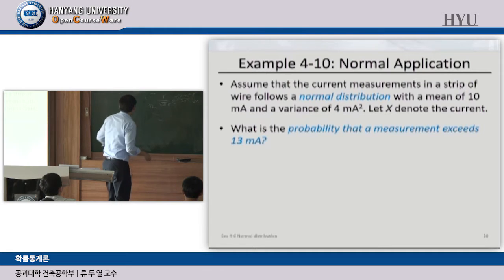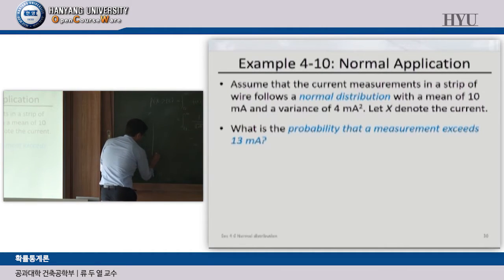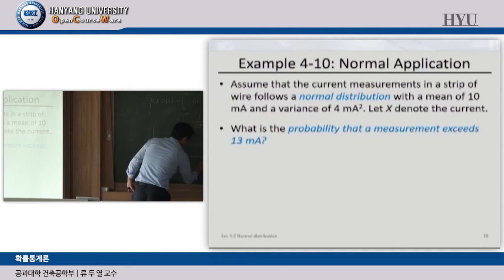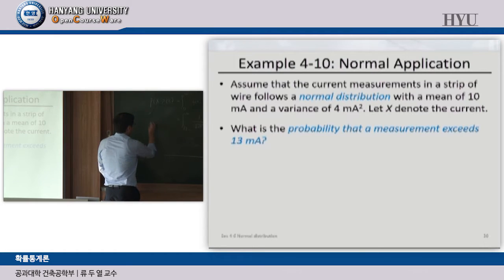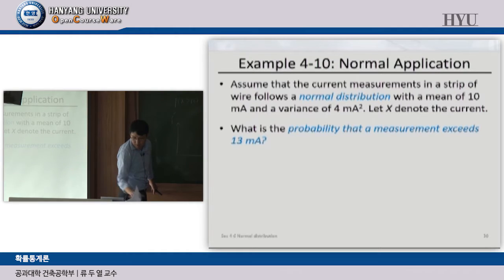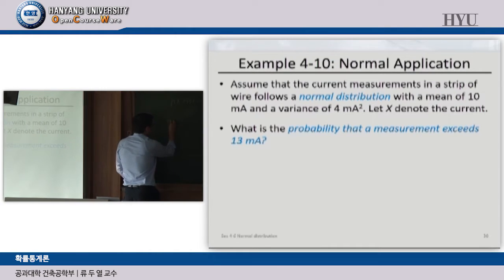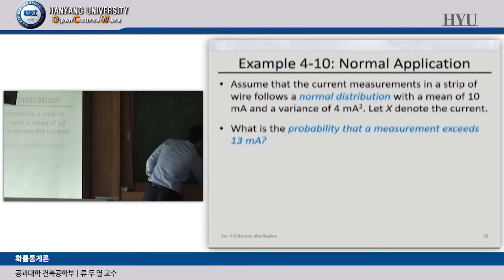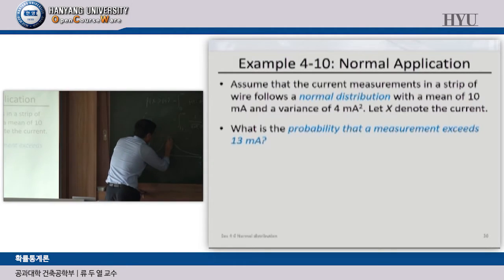And this equation shows this curve. This is the probability density function, and this is the continuous random variable. This is the normal distribution curve. In this case, the mean was 10, right?